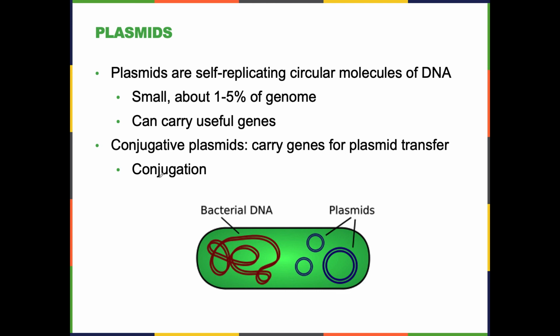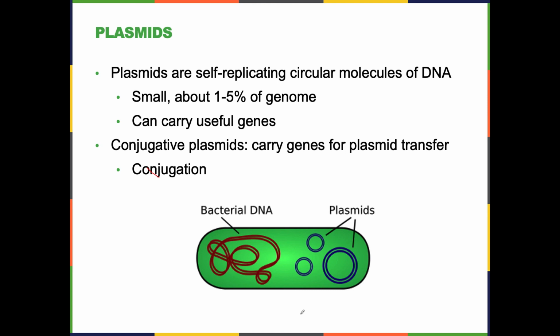And so the cool thing about plasmids is, first of all, when we say self-replicating, they copy themselves whenever they want, right? So while the bacterial chromosome is copying itself, these plasmids are going bang, bang, bang, copying themselves so many times. So often we have hundreds or thousands of copies of a plasmid in any one cell, right? The other cool thing is, for it to be able to propagate and go from one cell to the next, it has all the genes that it needs.